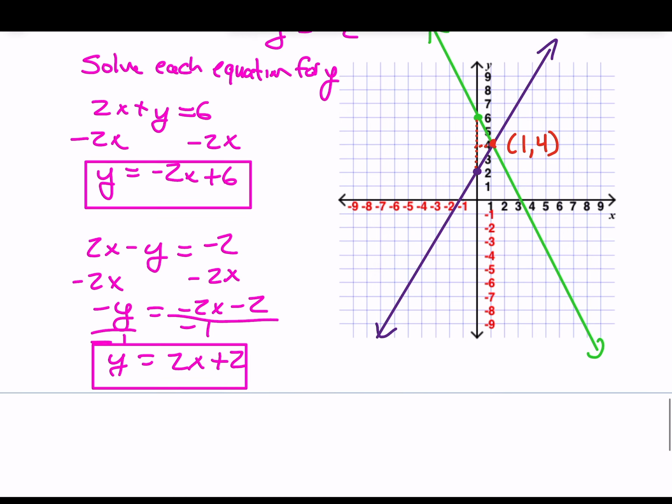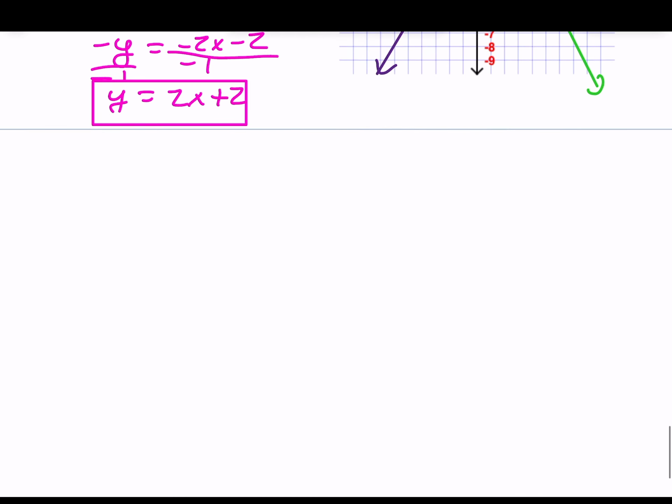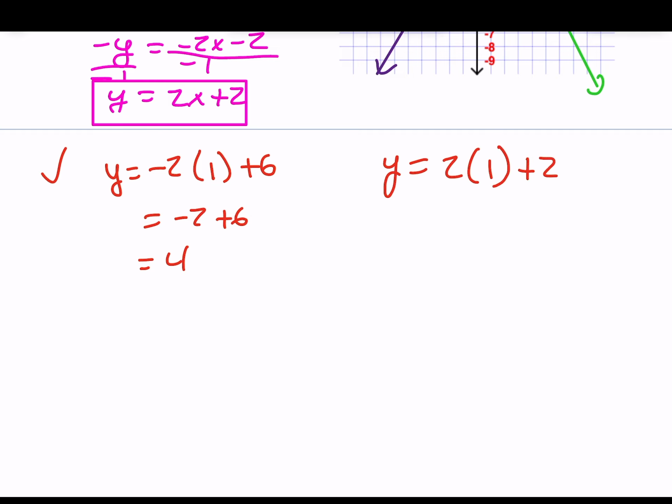Now let's check and make sure that it works in both cases. In the first equation, it's negative 2 times 1 plus 6, which is negative 2 plus 6, which is 4. So that works. In our second equation, we have y equals 2 times x, which is 1, plus 2. 2 times 1 is 2 plus 2, which gives us 4.